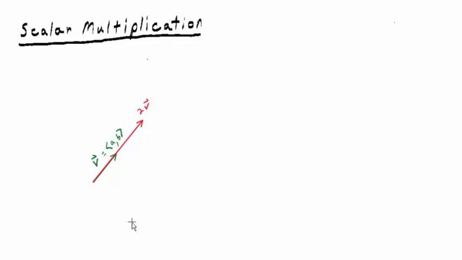So I'm going to create 2 right triangles, actually. I'm going to create the one corresponding to, if I dropped a perpendicular from the tip of v, like so. I'm going to create that right triangle. And I'm going to create the right triangle I get when I drop a perpendicular from the tip of 2v. Like so.